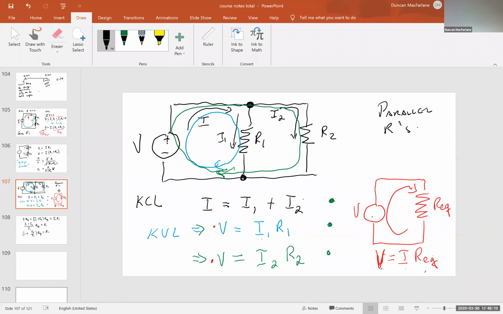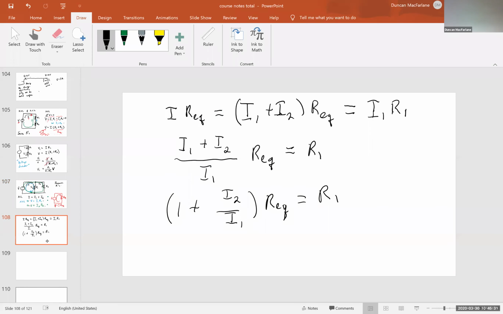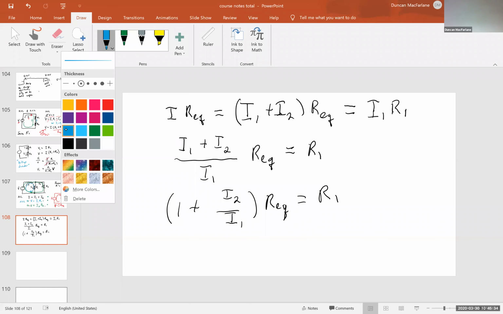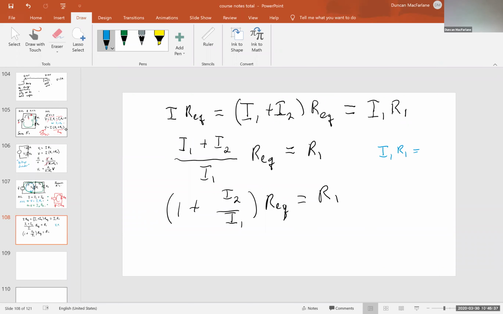If I go back to here, I have I1 R1 is equal to I2 R2. Or I2 over I1 is equal to R1 over R2.